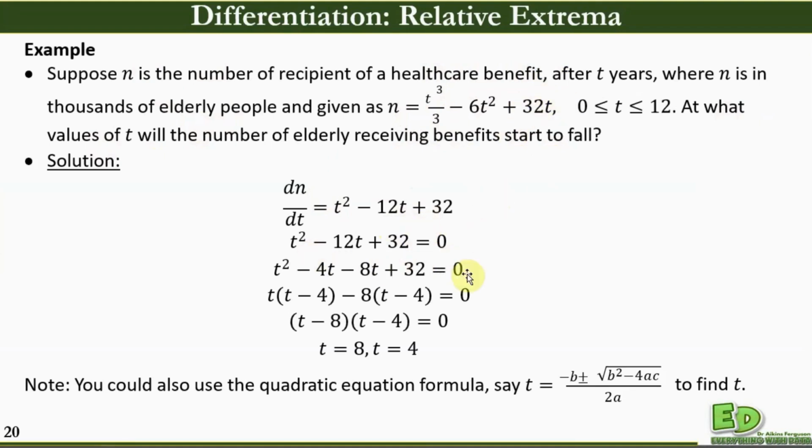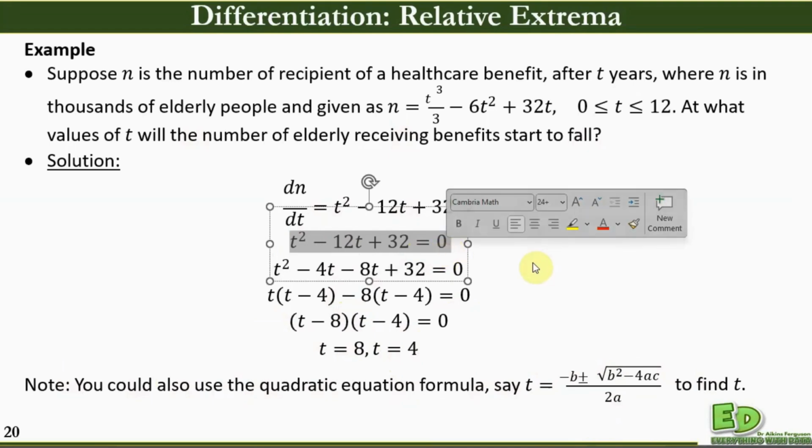If you equate this to 0, either by using methods of completing squares, using the quadratic equation formula, or your calculator, then you can get the values of t to be t is equal to 8 and t is equal to 4. You could also use the quadratic equation formula, which is saying that to find it is minus b plus or minus root of b squared minus 4ac all over 2a, where you are going to use this function over here.